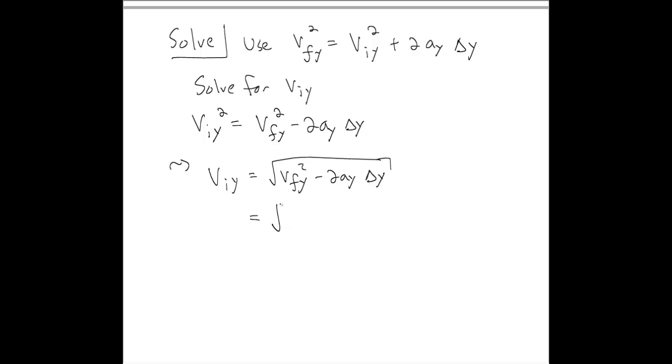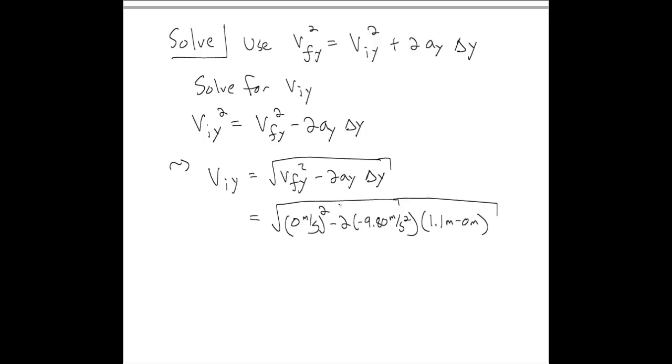And so plugging in, the final velocity in the y direction is 0 meters per second, which squared will ultimately give us 0. We have minus 2 times minus 9.8 meters per second squared. And then the delta y is the final position in the y direction minus the initial position, so 1.1 meters minus 0 meters.